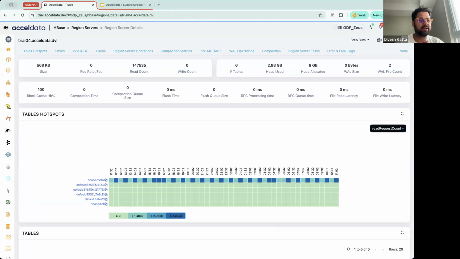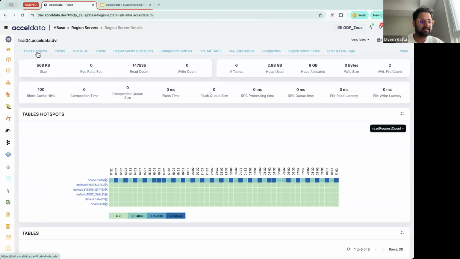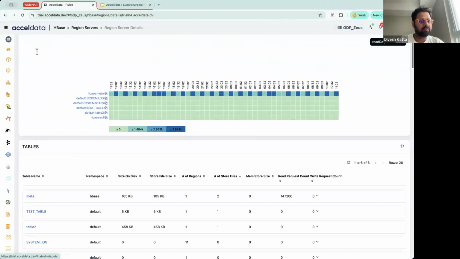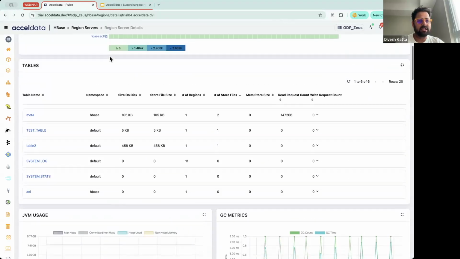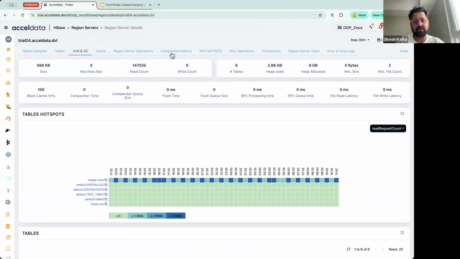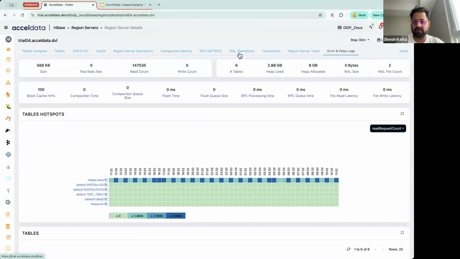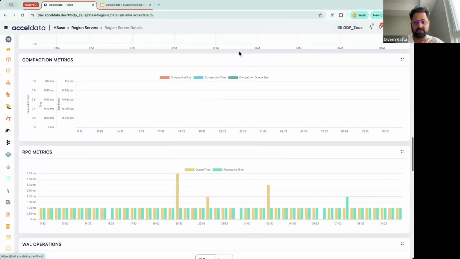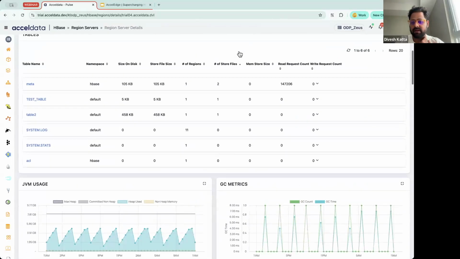Now, if you go to the region servers, you can see things more thoroughly. If I click on one specific region server, I can monitor all those metrics. I can monitor table hotspotting, the JVM and GC, cache, region server operations, compaction metrics, and all of those details, which helps us understand what is happening in our HBase system. Similarly, you can create alerting for some of those metrics.